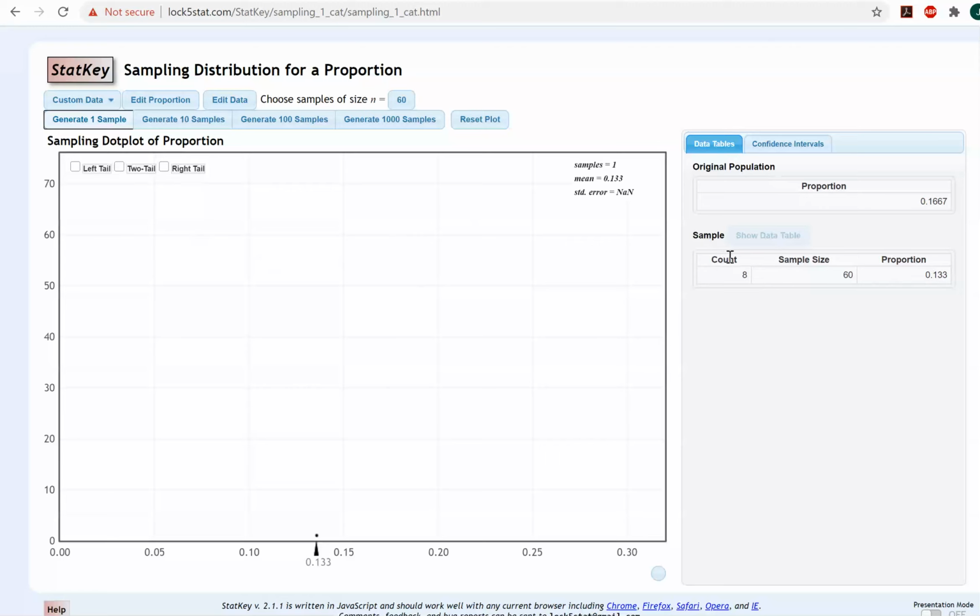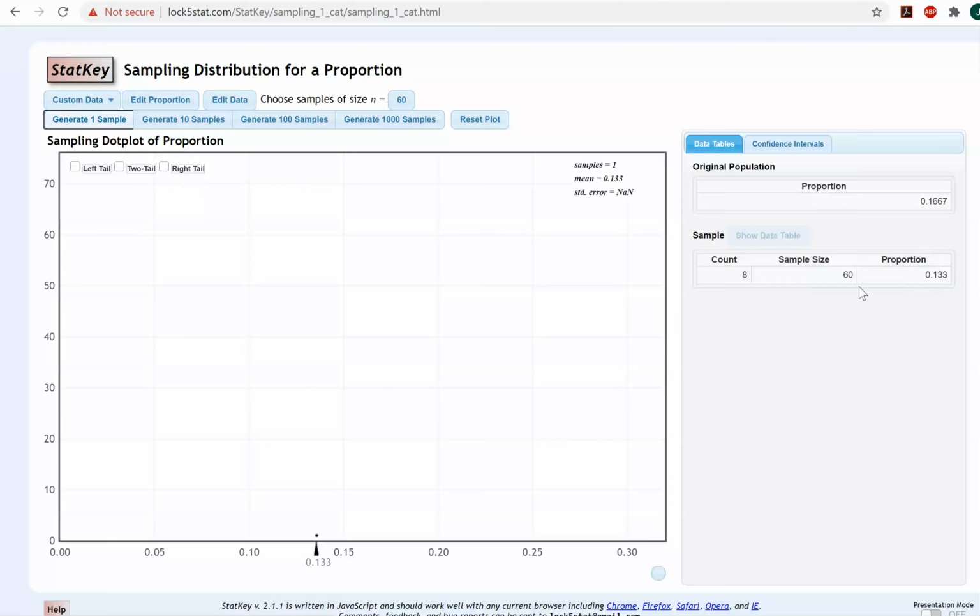This essentially rolled a fair die 60 times, expecting this 1/6 proportion, but it accounts for random variability, so it saw 8 ones out of the 60 die rolls. What that gave us was this proportion, 0.133, that's our sample proportion.